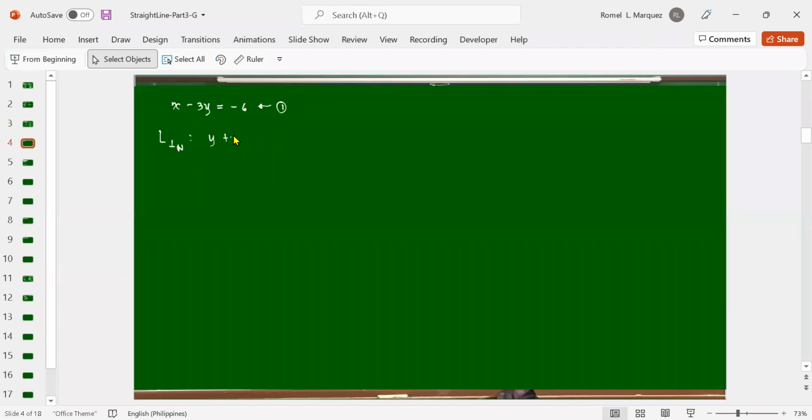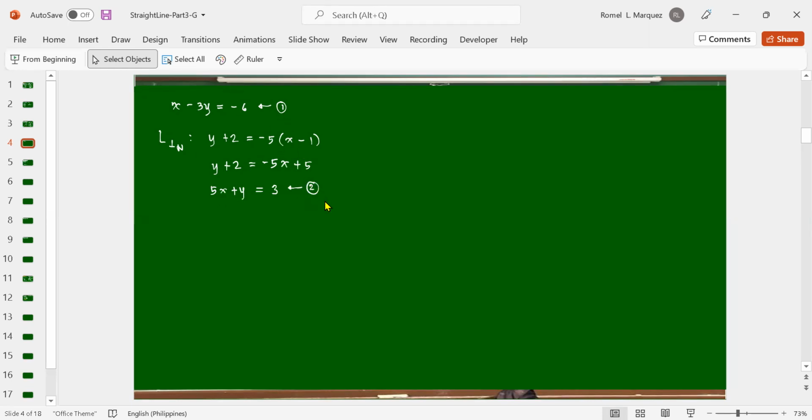So y plus 2, because y minus negative 2 equals negative 5 times x minus 1. The point where it will pass through is 1, negative 2. So that is y plus 2 equals negative 5x plus 5, okay? So that we have 5x plus y equals positive 3. Okay? This is equation number 2.